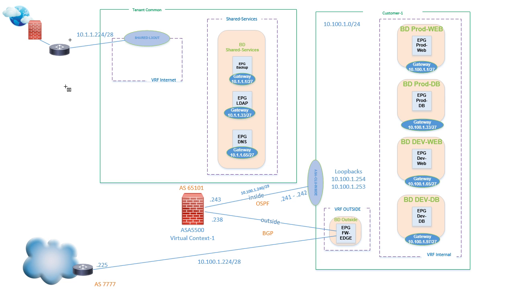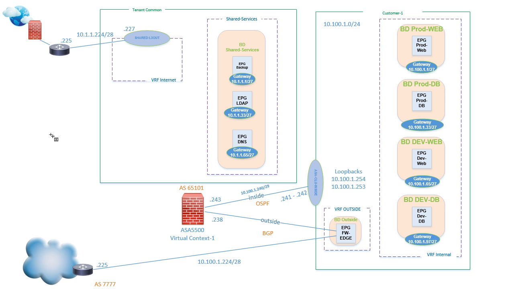Let's do 225 for the DMZ switch, and let's do 227 for the shared layer 3 out. Now we're not going to have a VPC connection into the ACI fabric from the outside external 6500 router. It's just going to be a single link connecting into the ACI fabric.